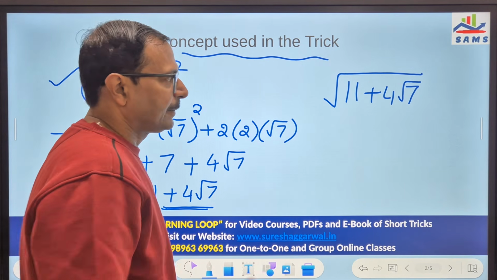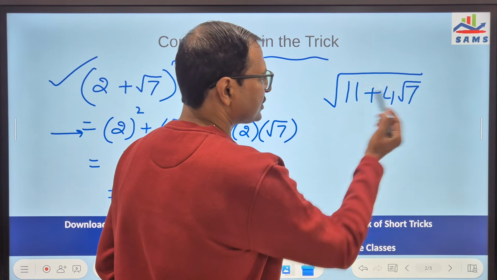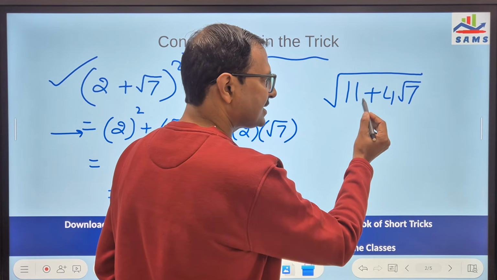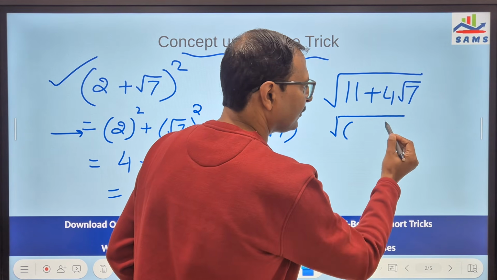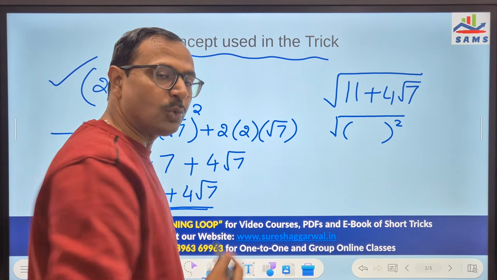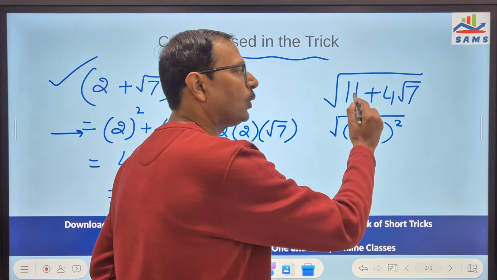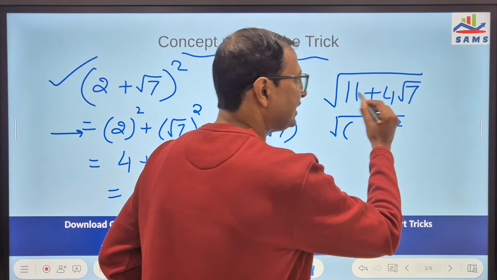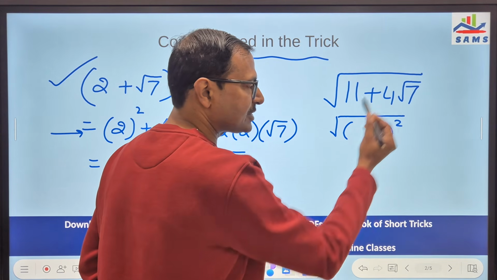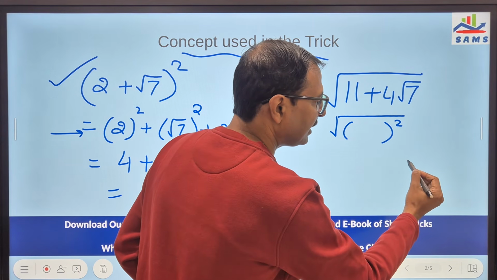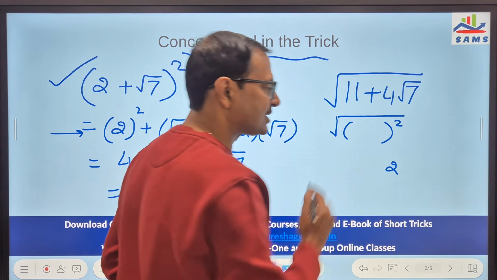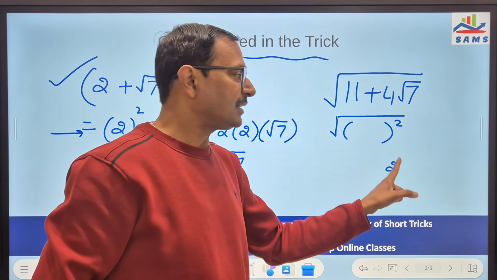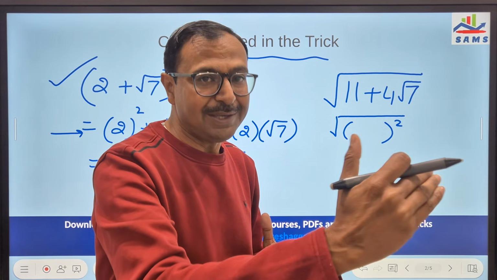So what do you do here? See, 11 plus 4 root 7. I need to convert this into a whole square because I need to get rid of this square root. So to convert that into a whole square, I should break these two terms 11 and 4 root 7, and in 4 root 7 you have to separate out the 2 first because this term is the term which is 2ab.